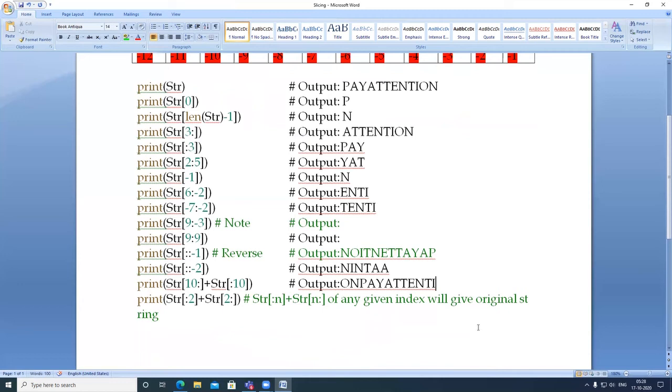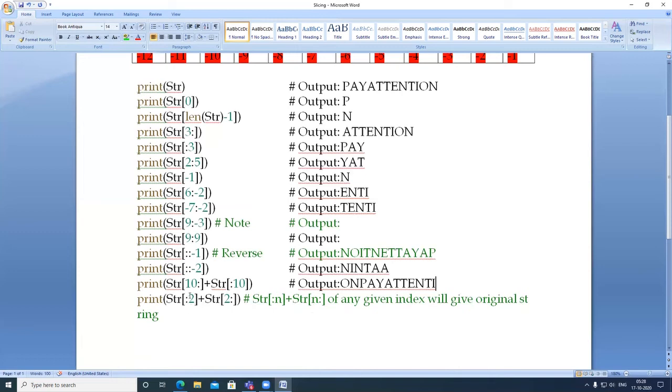And the last one seems to be very important. See here, whenever I give str colon n plus str of n colon for any given index, it will give the original string.